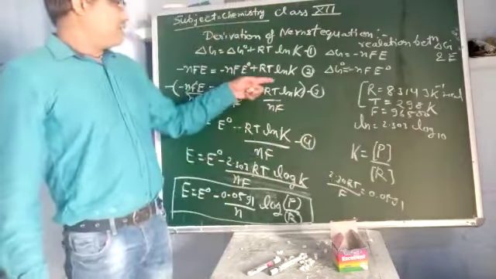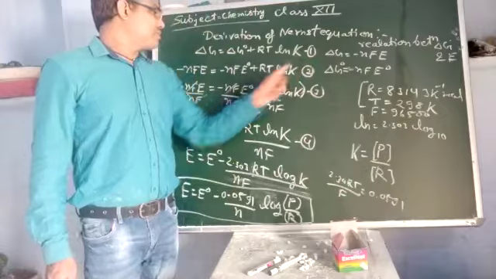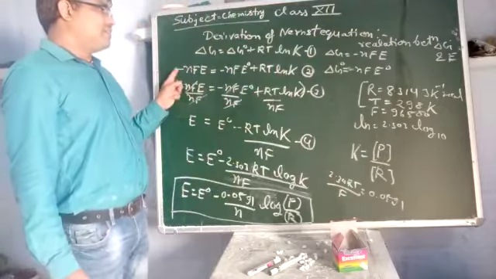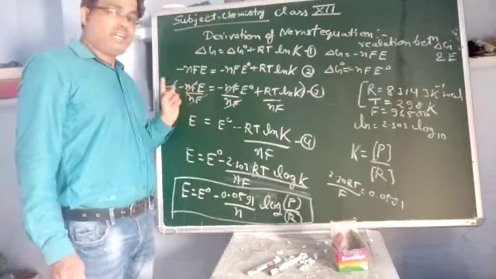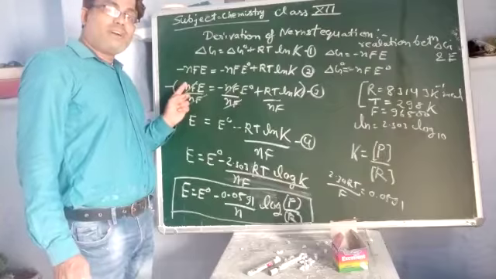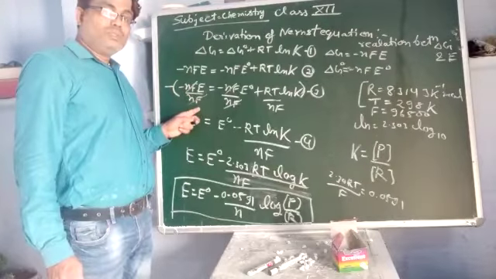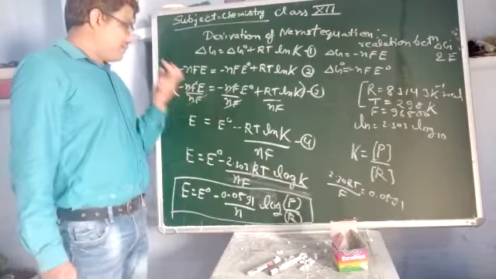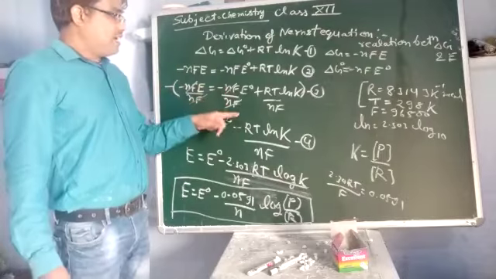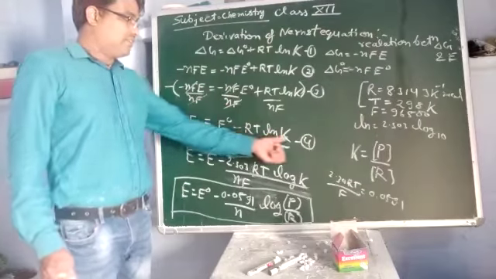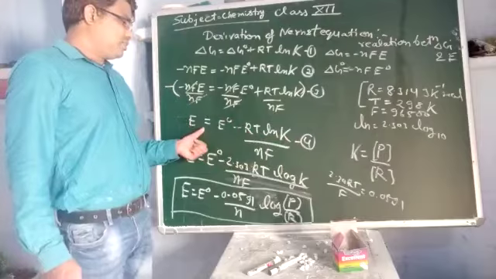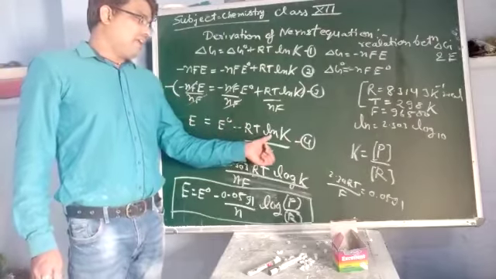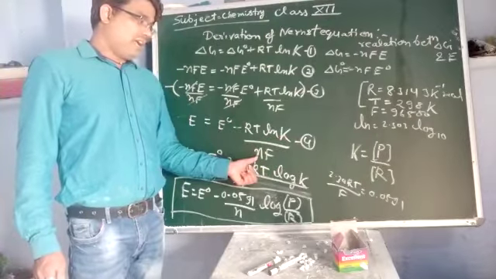Now when we substitute these values, we have this equation second, and then we multiply the whole equation by a negative sign, and also divide the whole equation by nF. So when we divide by nF, the nF is cancelled, and we have this equation 4, that is E is equal to E naught minus RT ln K divided by nF.